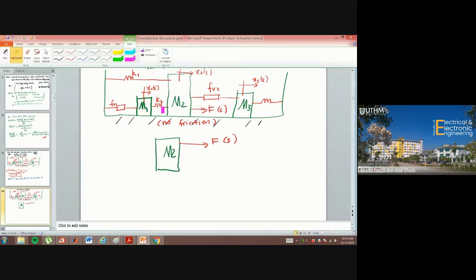We have K1 and K2, right? We just combine K1 and K2. K1 plus K2 X2S, right? Then we have Fv2 here, so Fv2 S X2S, right?